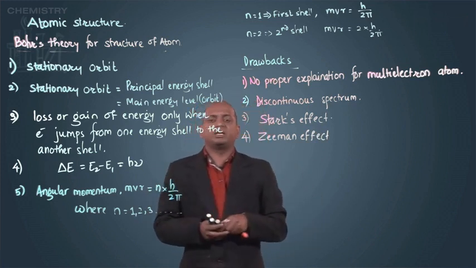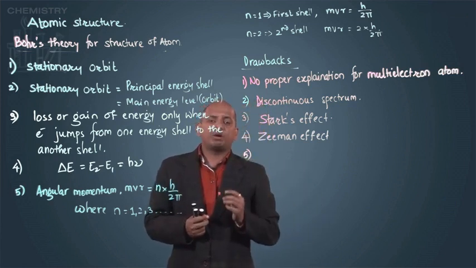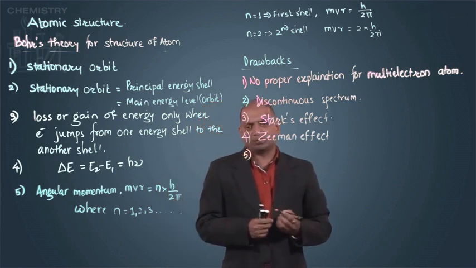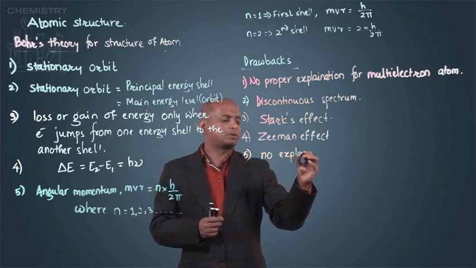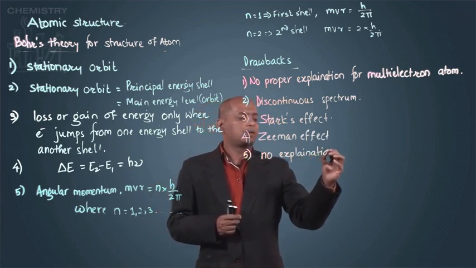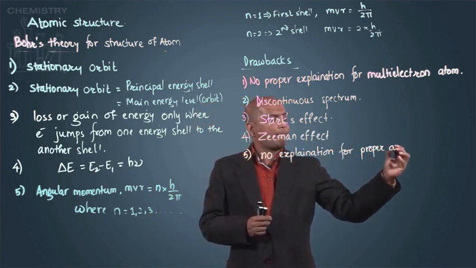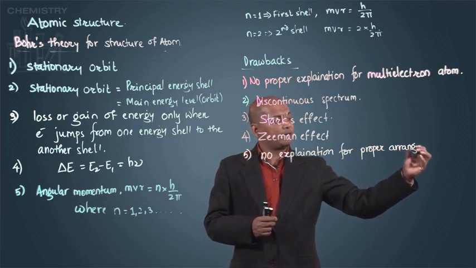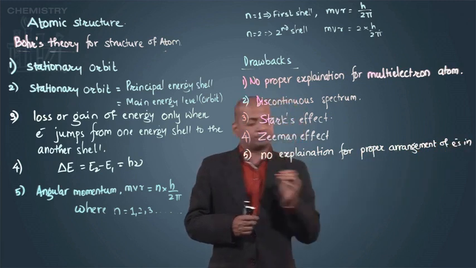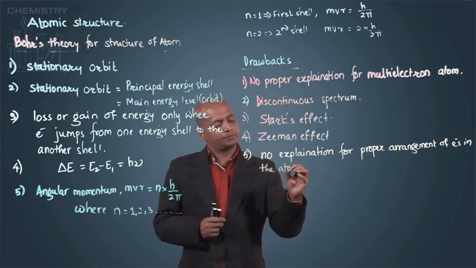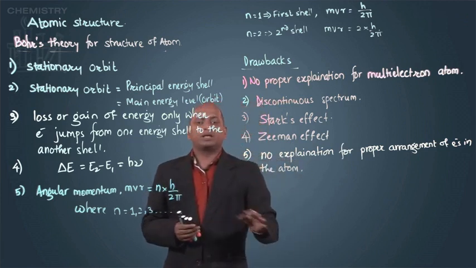Then, since he was dealing with a single electron, he could not explain the proper arrangement of electrons in the atom. So these are certain drawbacks associated with Bohr's theory.